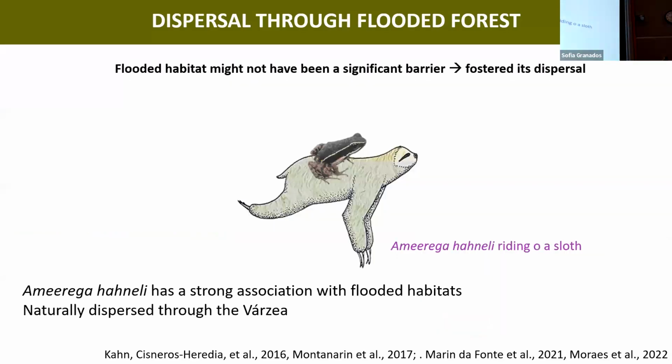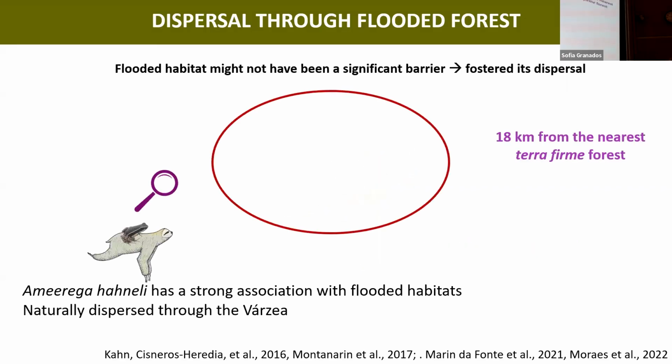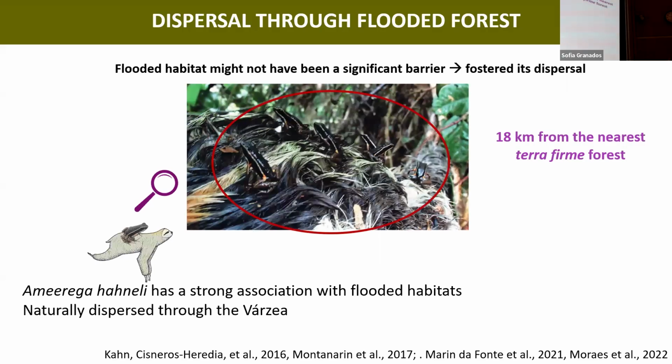So now I'm going to show you a picture. I have to explain it before, because it's not going to be very clear. I'm going to show you a picture of Amarega hanley individuals that are riding on a sloth, and I'm going to explain this story right now. This is a documentation of an event where some researchers found a dead sloth floating on a river.